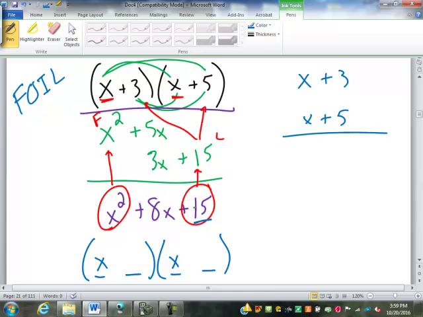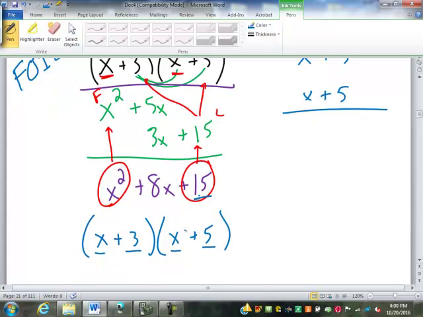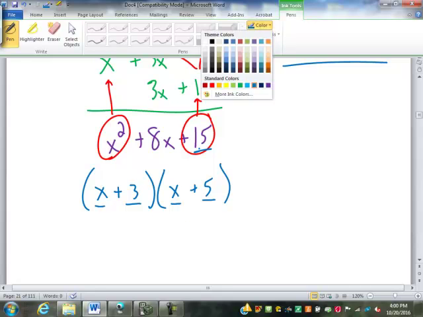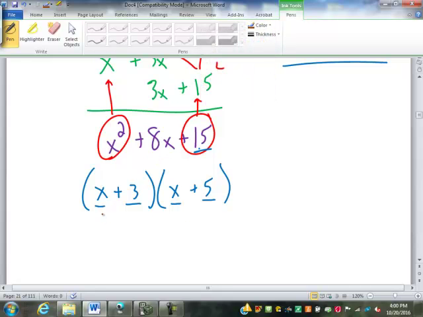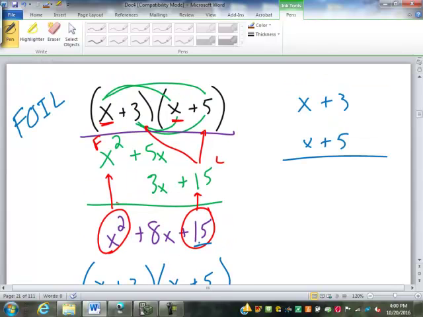How do I know which one? Well, I don't until I try them. If I put in 3 and 5, I also know that they're both positive or both negative because it's a positive 15. So I can check to see if those give me the 8. In my FOIL, I've used the F for the first and L for the last. I still have the O and the I, the outside and the inside.